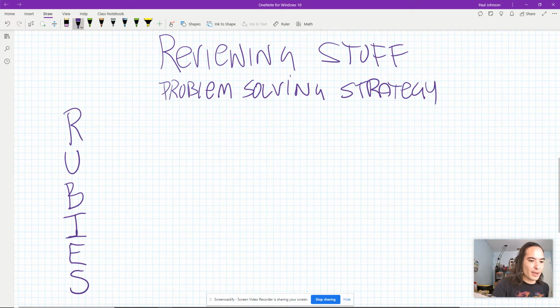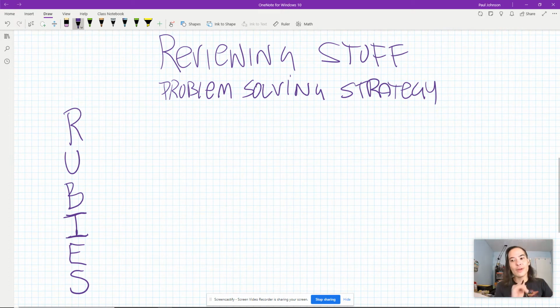That's an I, by the way. All right, so rubies is what we're going to use to solve our math problems at Boone Elementary. Okay, so if you are familiar with rubies, this will be a reminder of what rubies is. And if you are not familiar with rubies, well, just hold on to your seats because we are going to learn about rubies right now.